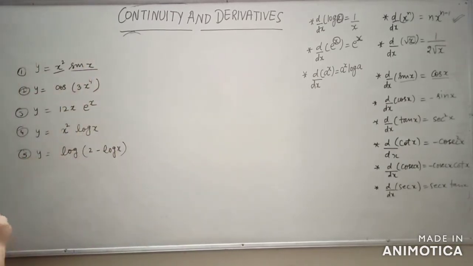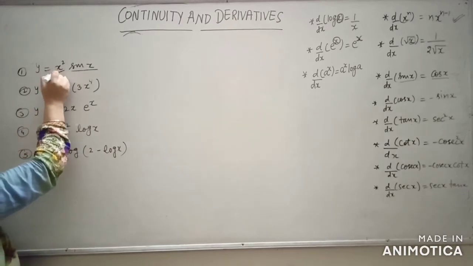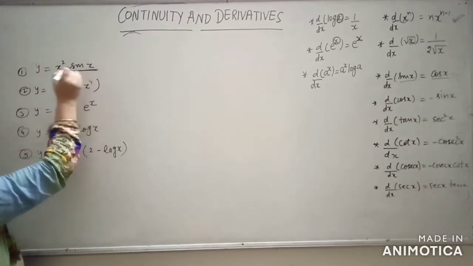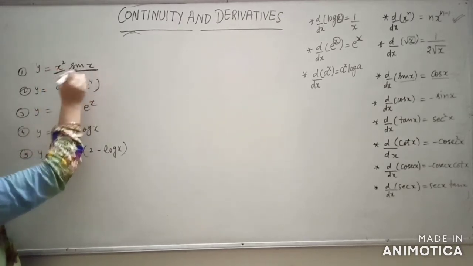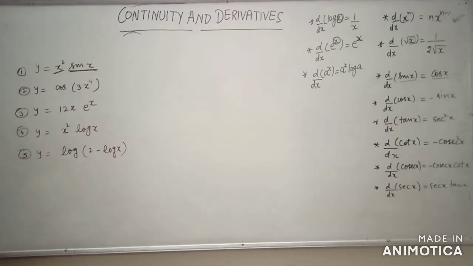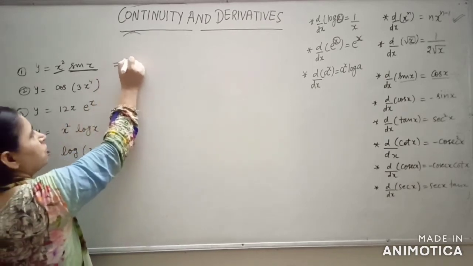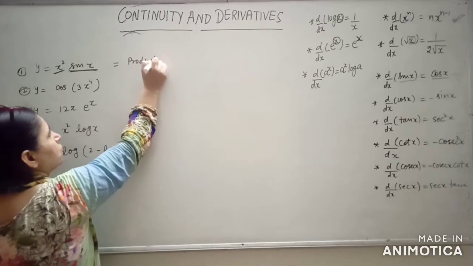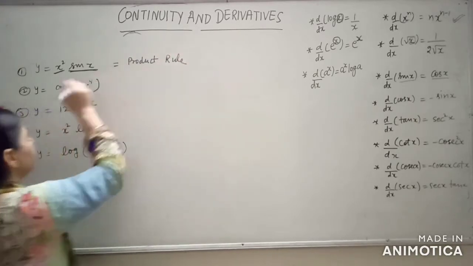So there are two elements here which can survive independently. They are glued with each other by a product. So when they exist alone, they survive alone. It means product rule will be applied here. Product rule. Okay, now come to this question.